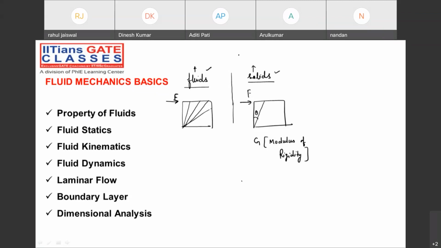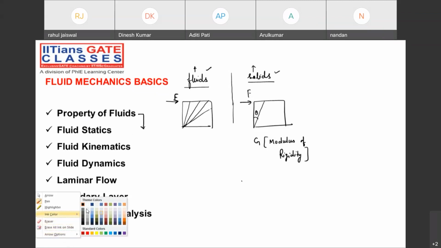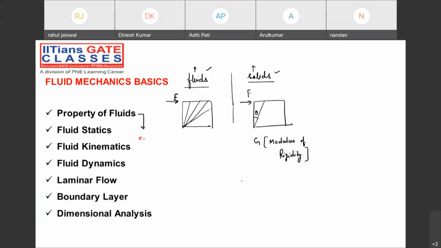So in fluid mechanics basics, we are going to cover the fluid properties. What are all the fluid properties we have? We have basically the density. What else? We have density, specific gravity, specific heat, viscosity, weight density, thermal conductivity.